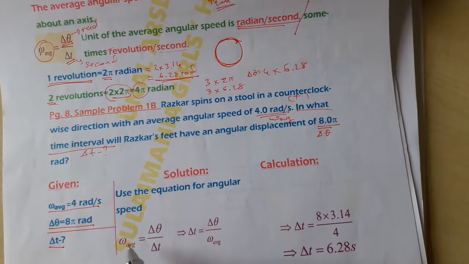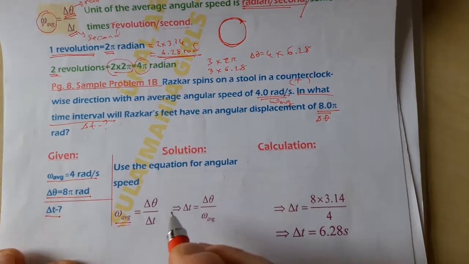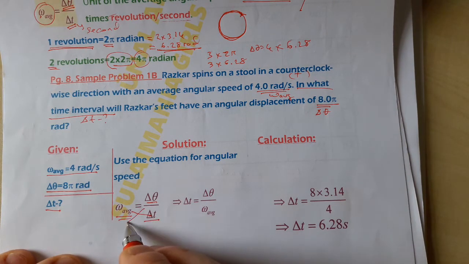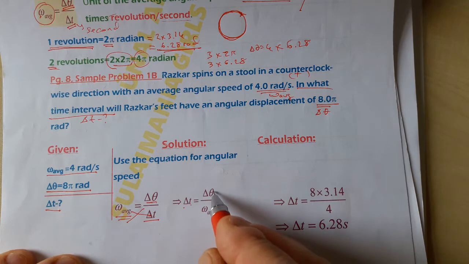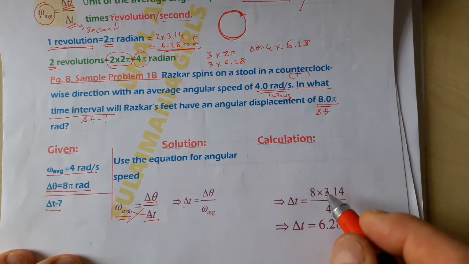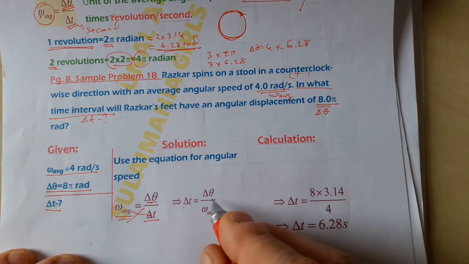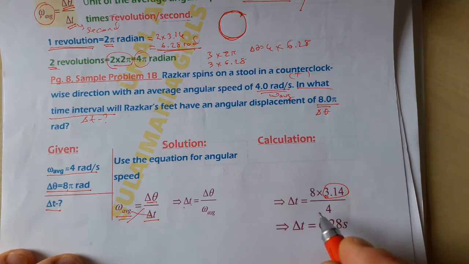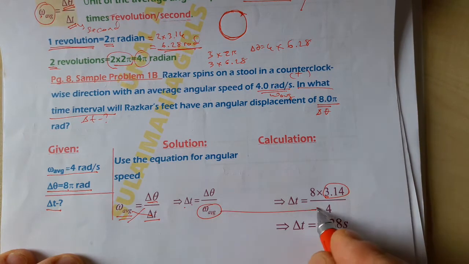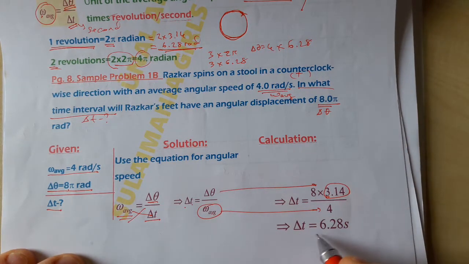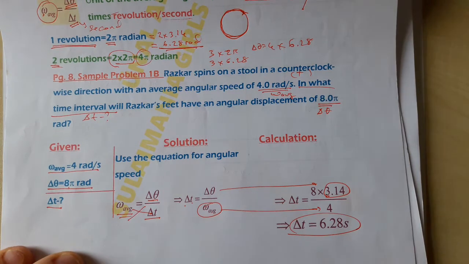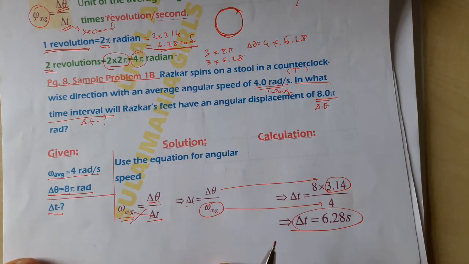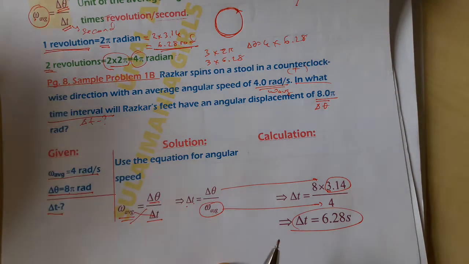Calculate delta t. Average angular speed is equal to delta theta divided by delta t. Because we will calculate delta t, cross multiply: delta t is equal to delta theta divided by omega average. Delta theta is 8 pi, pi is 3.14, so 8 times 3.14 divided by the average angular speed, 4. The answer is 6.28 seconds, the time it takes for that angular displacement.